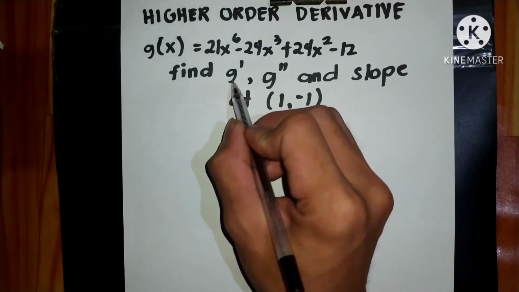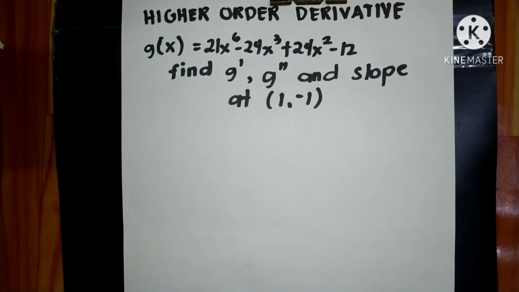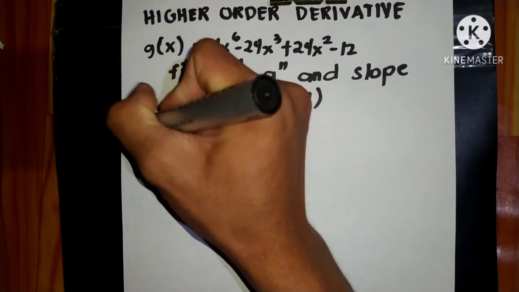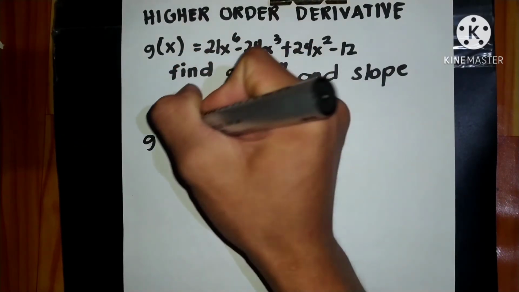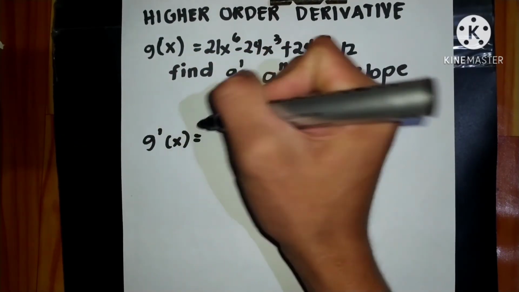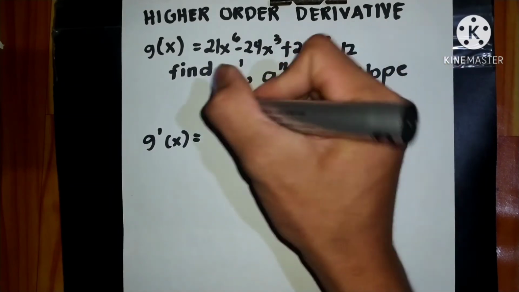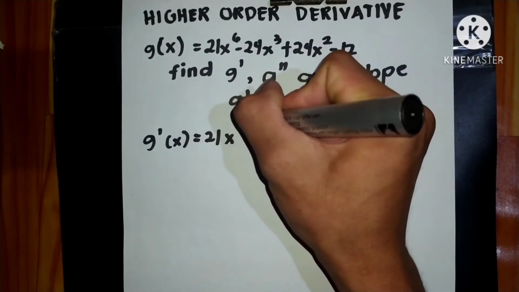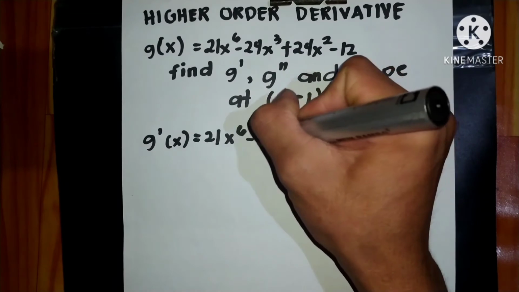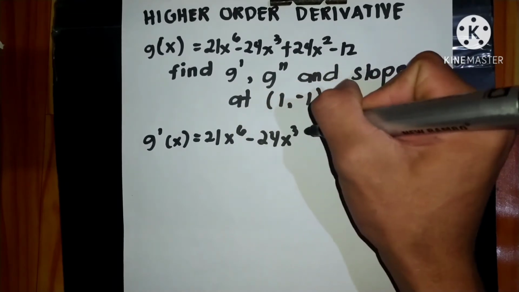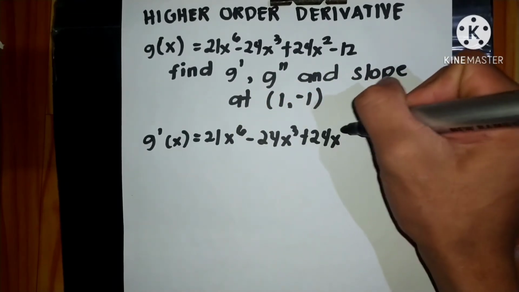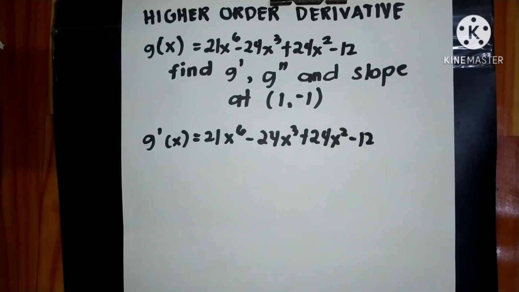So, ang una natin kukunin ay ang g of 1. So, just copy this function, 21x raised to the power of 6 minus 24x cubed plus 24x squared minus 12.